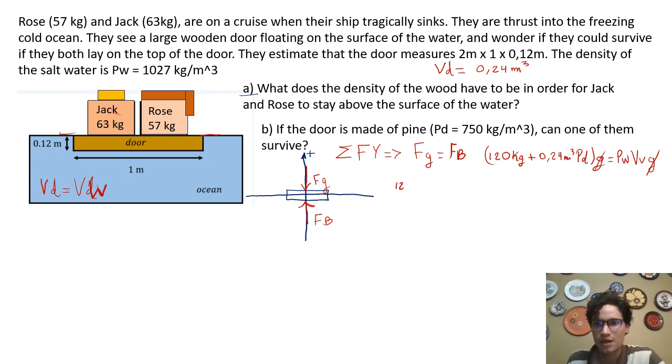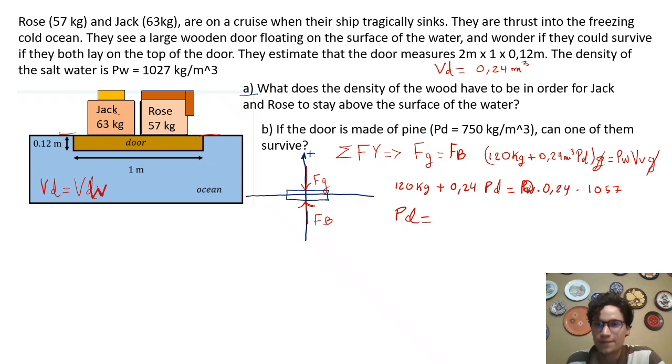So having that assumption, we have all the variables. We have that 120 kilograms plus the volume of the door times the density of the door is equal to the density of the water times the volume of the water displaced. And we know the density of the water, so we multiply here 1057 kilograms per meter cubed. So the only variable is the density of the wood.